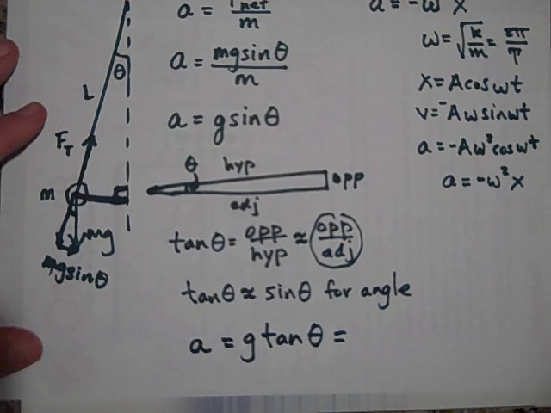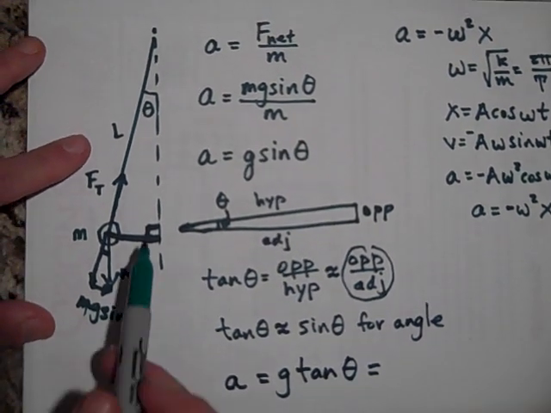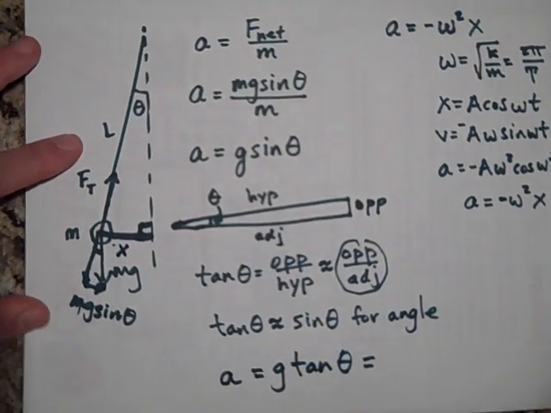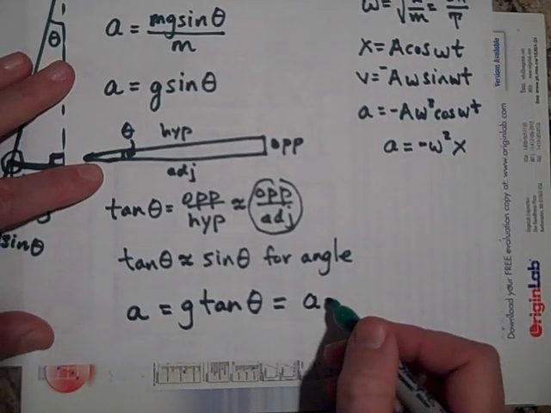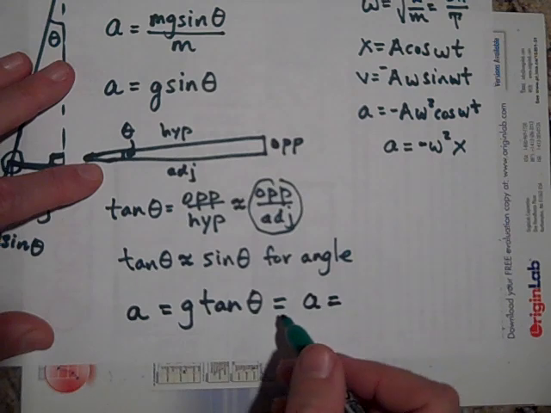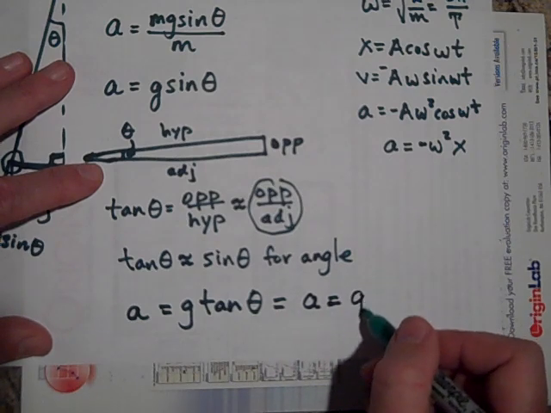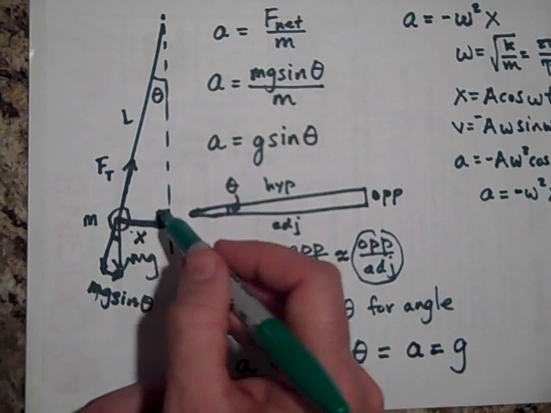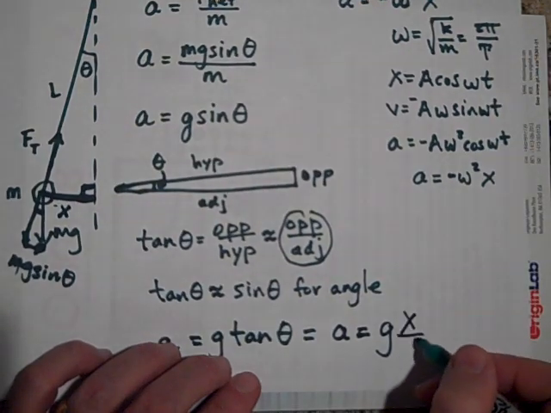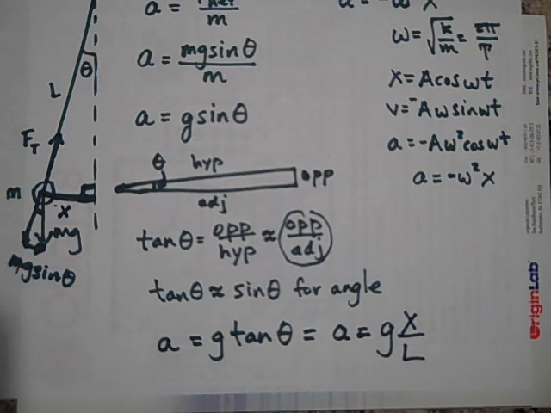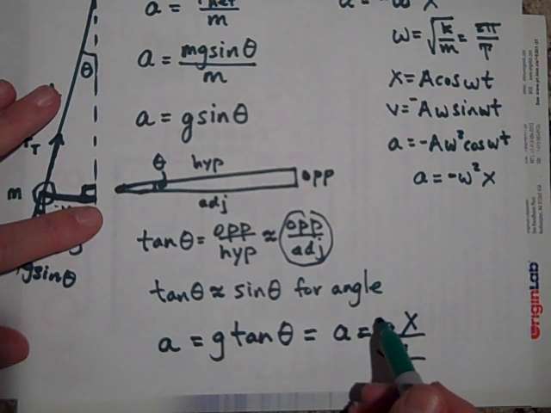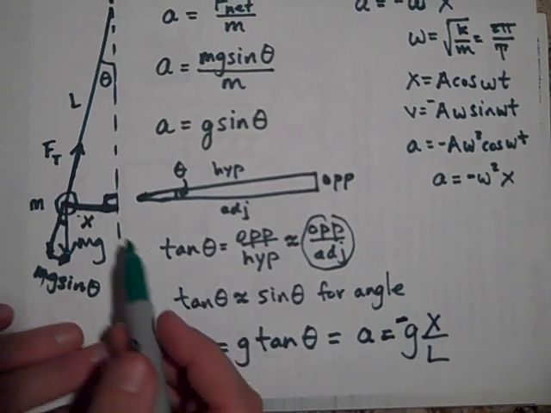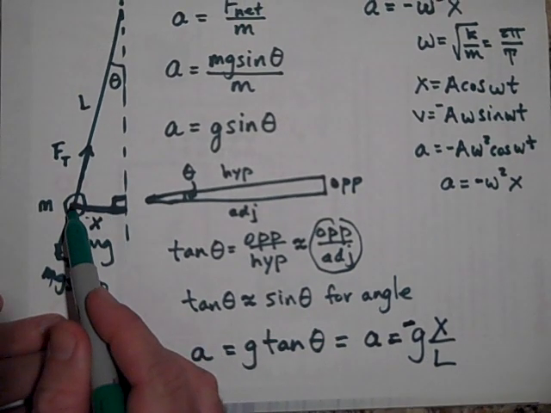Okay, now the tangent of theta is equal to the opposite side, so let's call that x, all over the hypotenuse, L. So A is equal to g times the tangent of theta, which is x over L. Now I'm going to tack on a negative sign here because when x is negative, when you're in the negative territory, then A is positive.